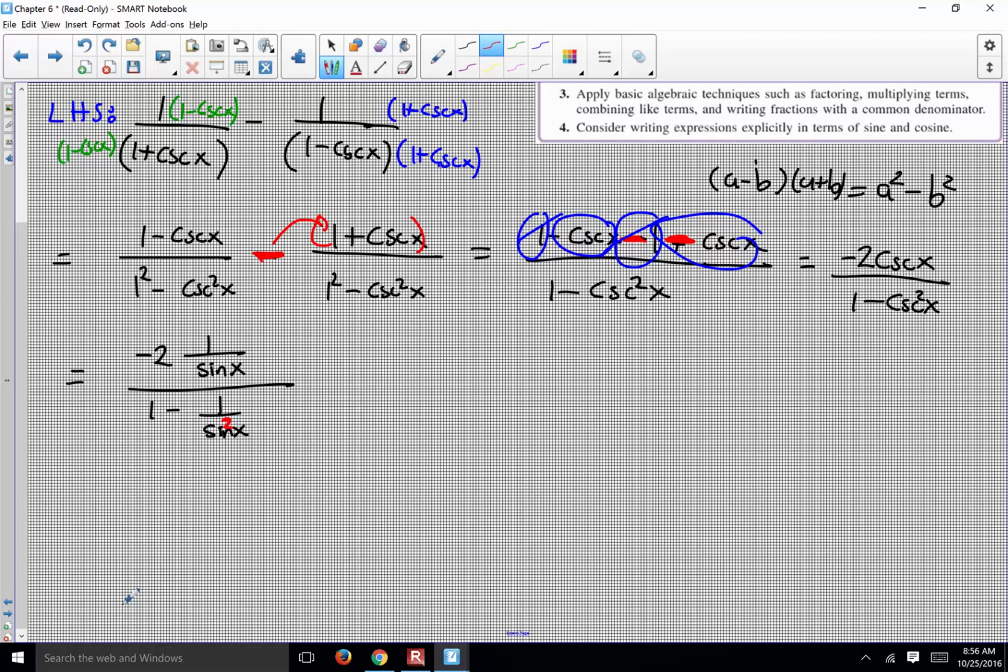Alright, now I need to combine these fractions. To be able to combine them, you need to first combine this. This is already one fraction. You don't have to combine this. Can I move this minus 2 to here? Okay. Alright, to combine this one though, I will be quick. Sine squared is needed.